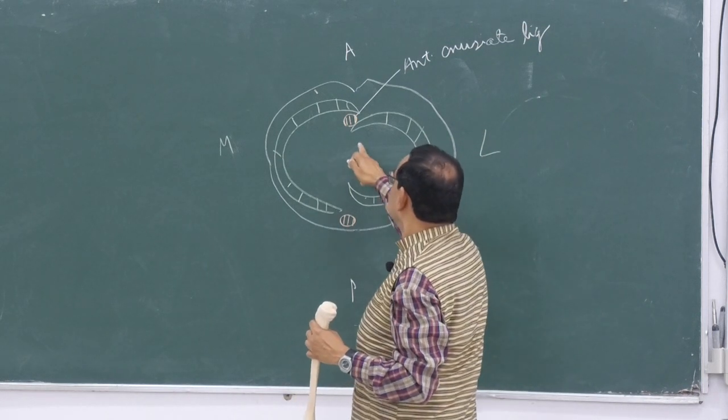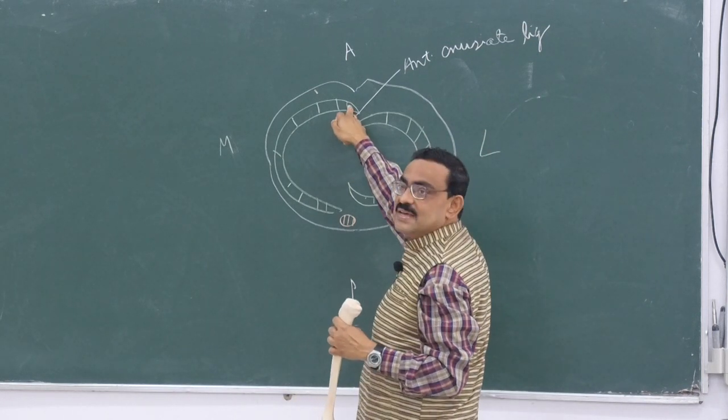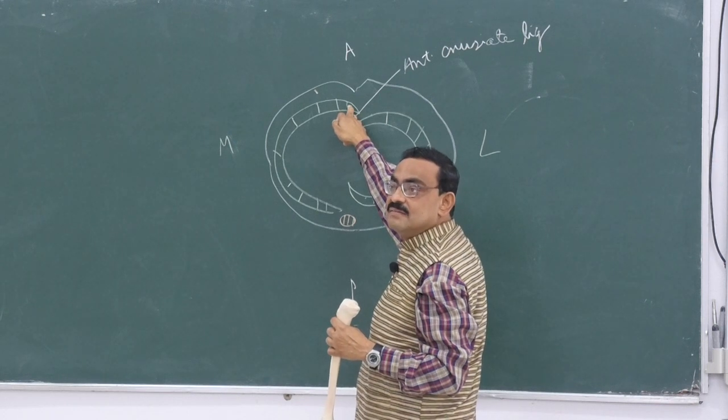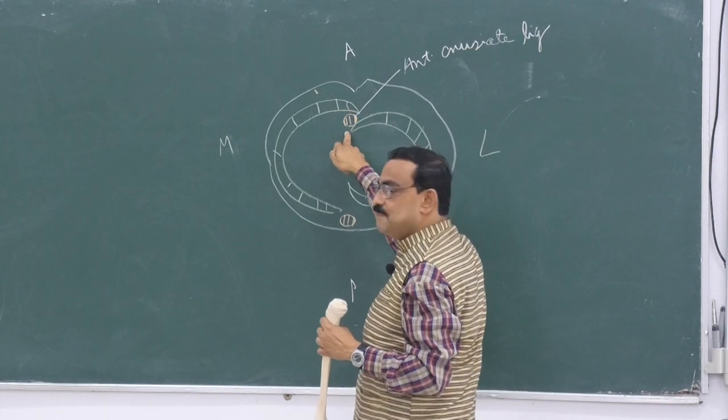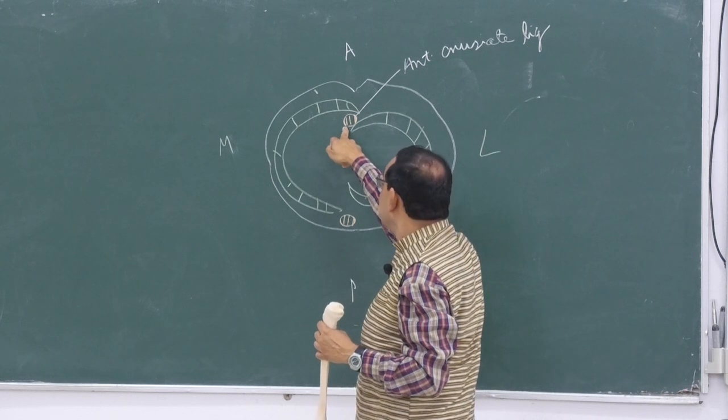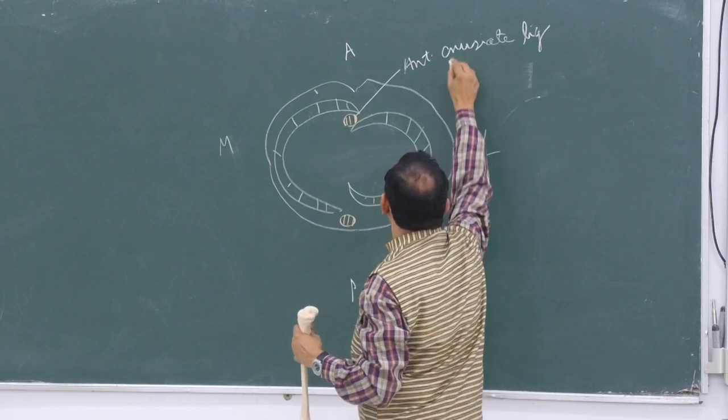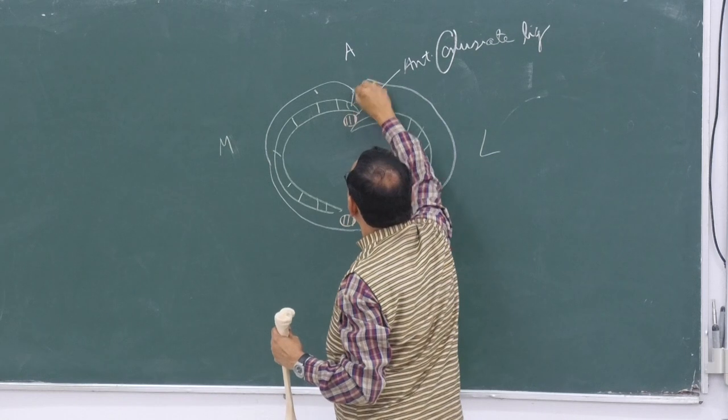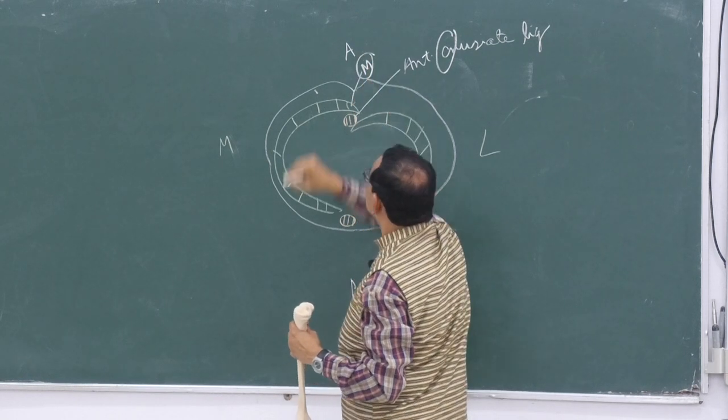Okay. This is the anterior end of the medial semilunar cartilage, medical college, M. Then is the cruciate ligament, C, is medial.